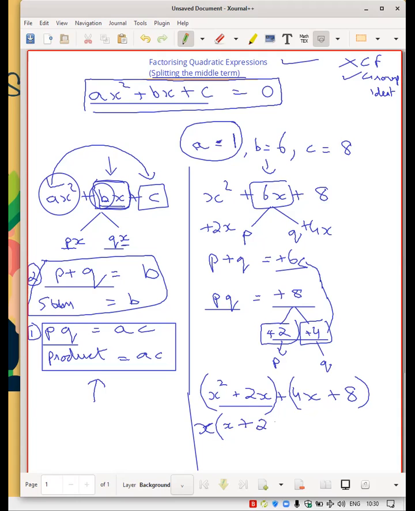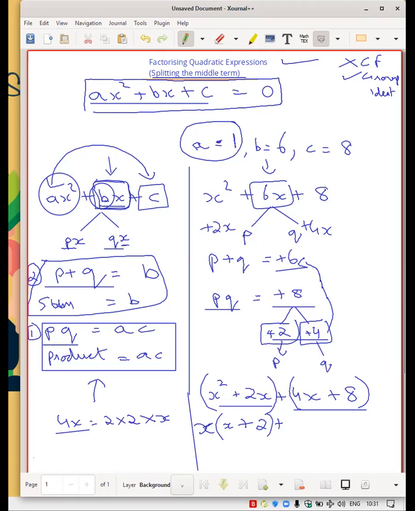Okay. Now second term, what is common between 4x and plus 8? What are the common factors there? What are the factors of 4x, Krishna? 2 into 2 into x.